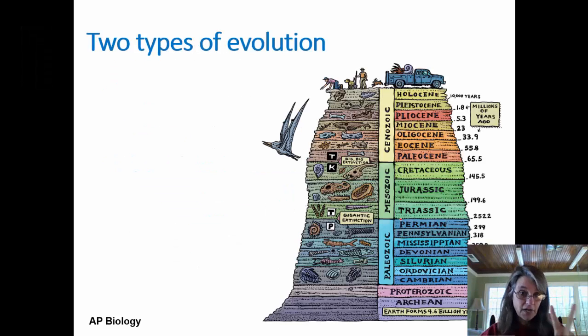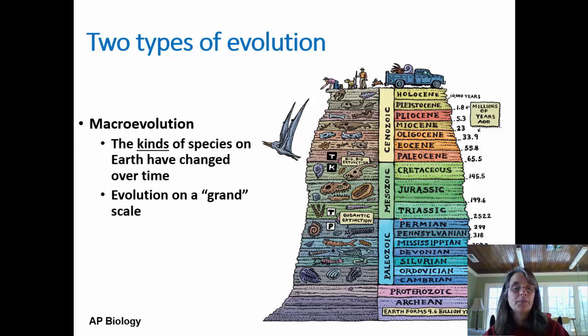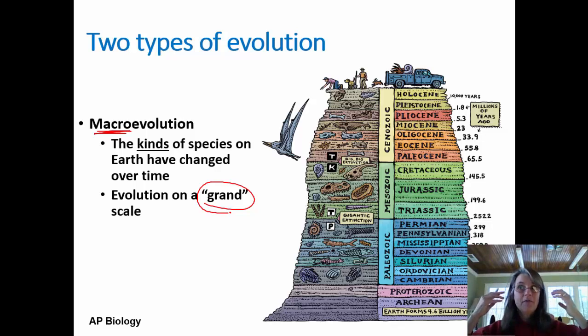Now, there are two types of evolution that you need to know. The first is called macroevolution. Macro means big, of course, and what we mean is evolution on the grand scale, in which we are talking about what we normally think of when we think of evolution. The actual kinds of species on Earth have changed over time.